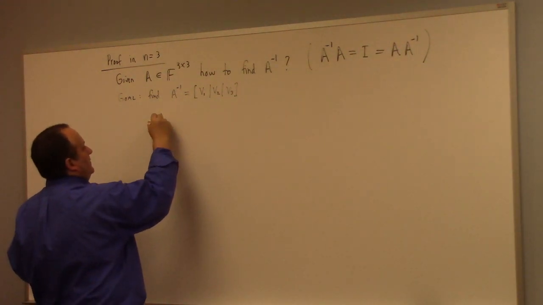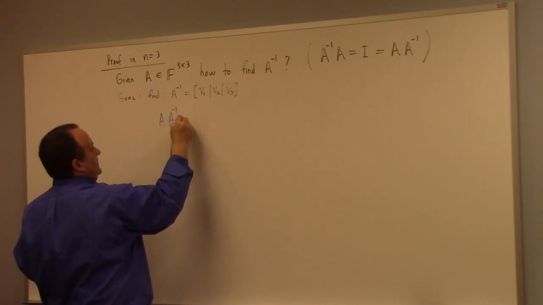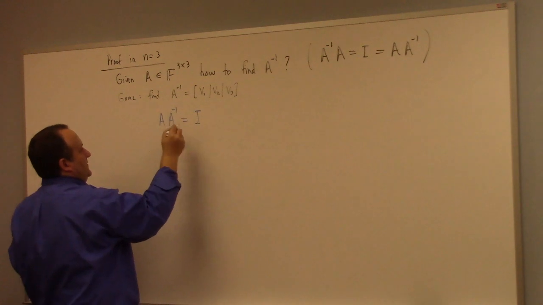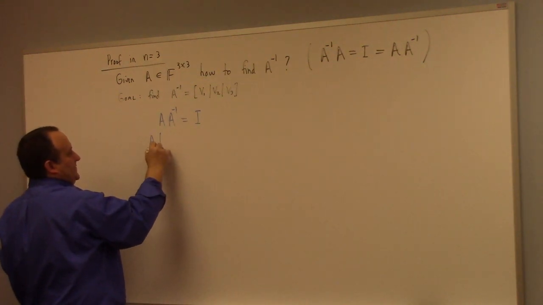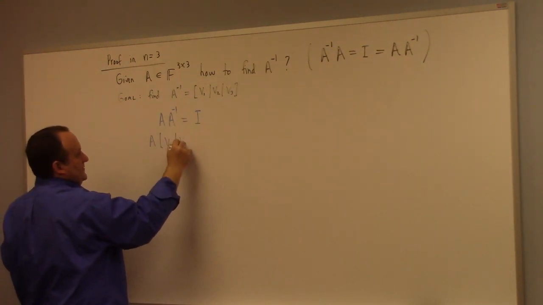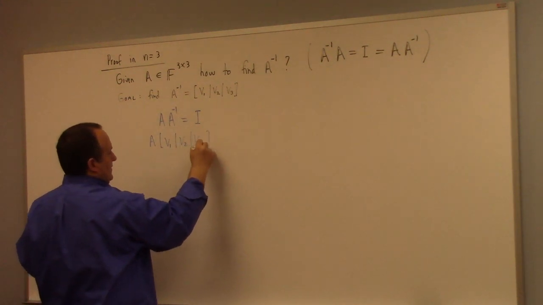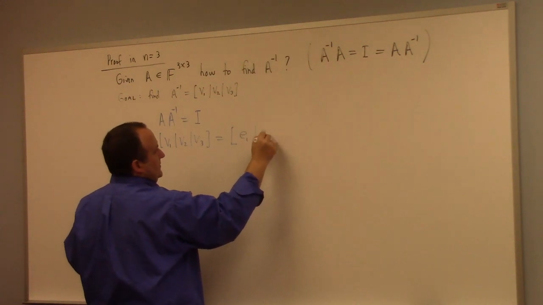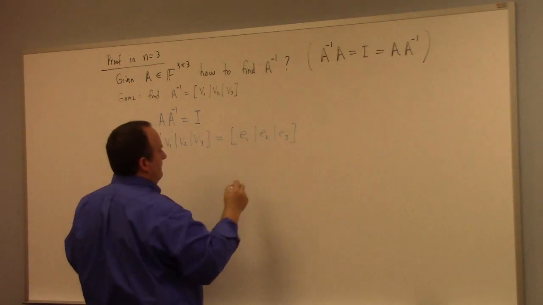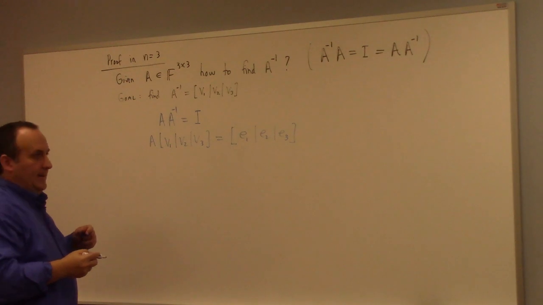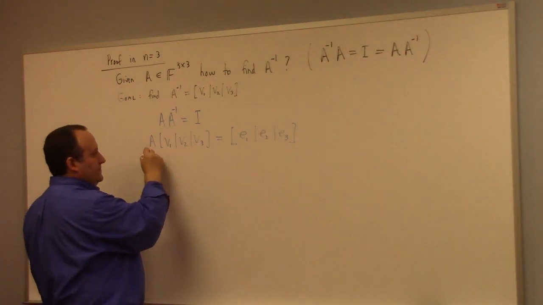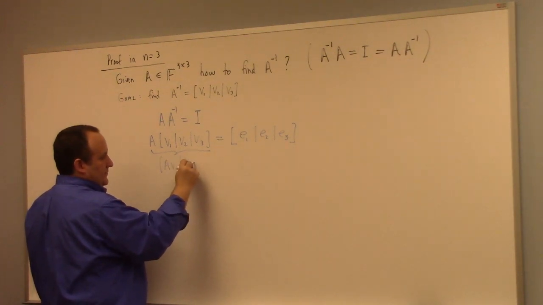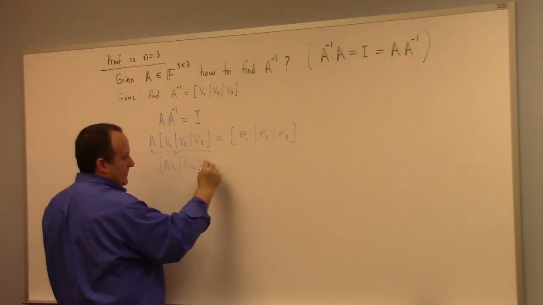You've got A times A inverse is equal to the identity matrix. What this is, though, is A times V1, V2, V3 equals the identity matrix, which is E1, E2, E3. And this is nothing more than AV1, AV2, AV3.